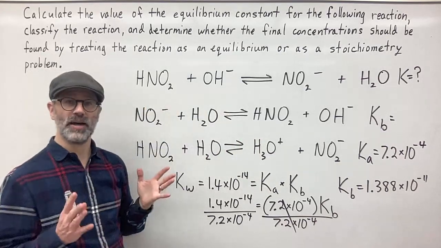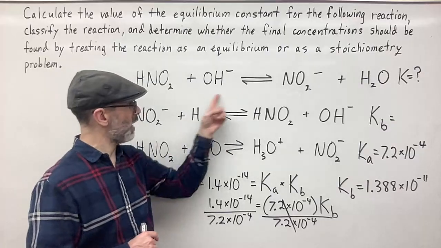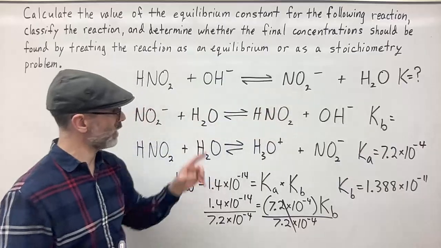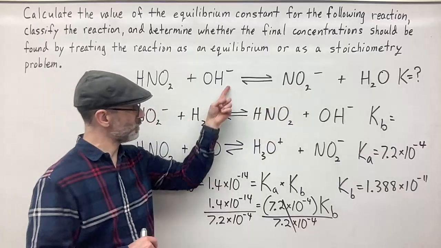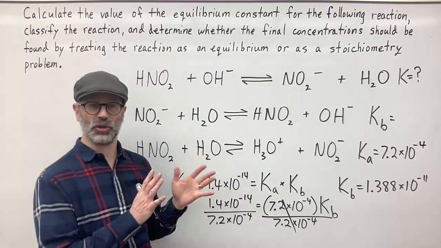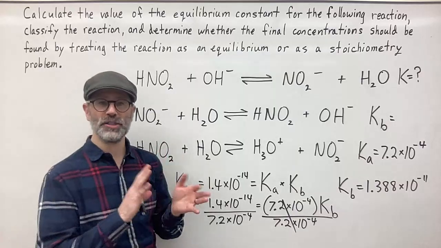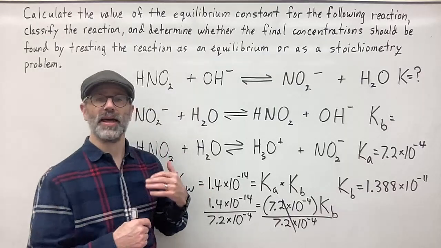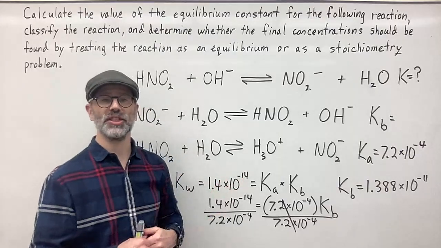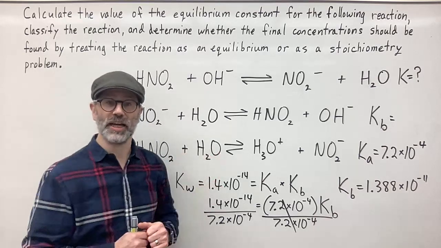But as I said before, in order to find the Ka value for this reaction, we have to look at the relationship between these two. One of the relationships between the K value, the equilibrium constant, and the reaction is that if you reverse or flip a reaction, then the K value for the new reaction is just the reciprocal of the K value of the reaction that you flipped.